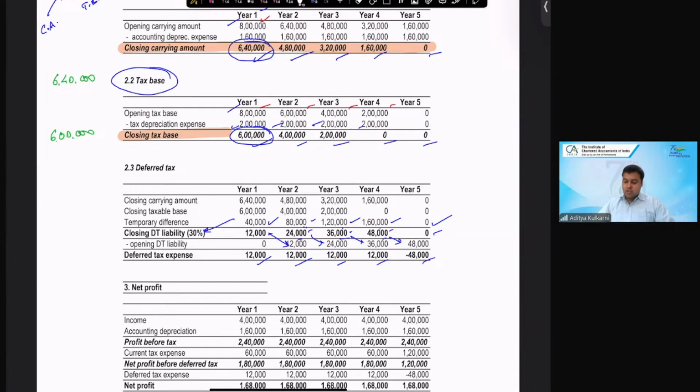Okay. So I have my closing tax base as 6, 4, 2, 0 and 0.